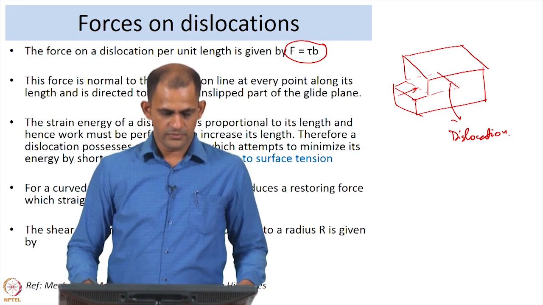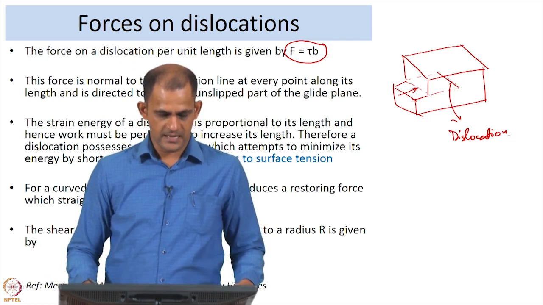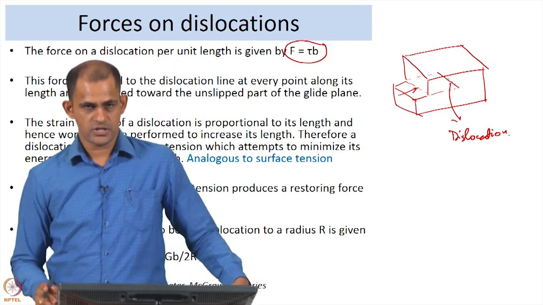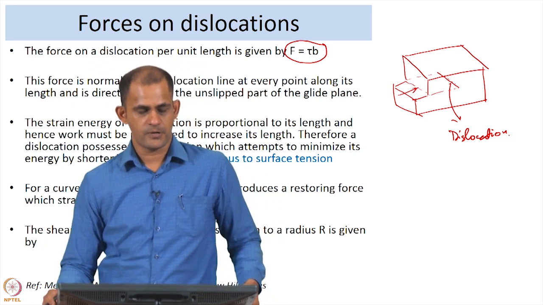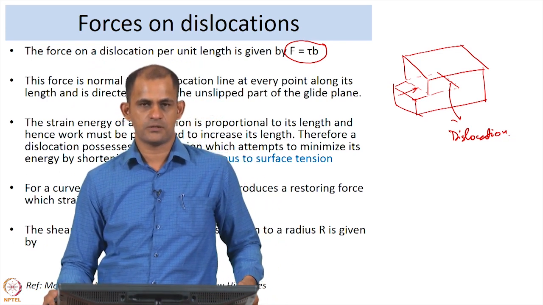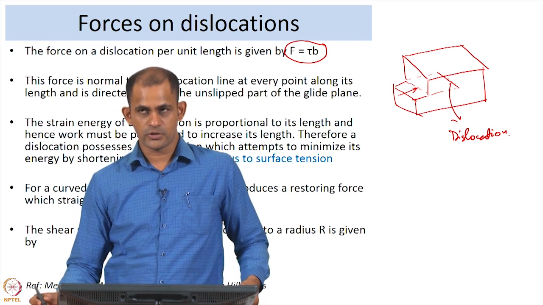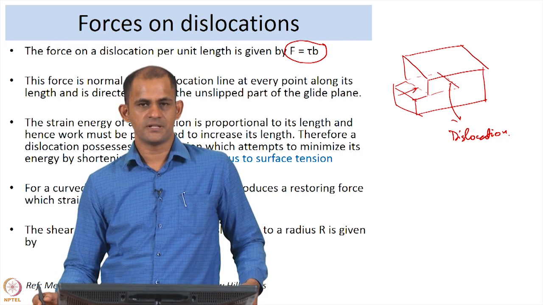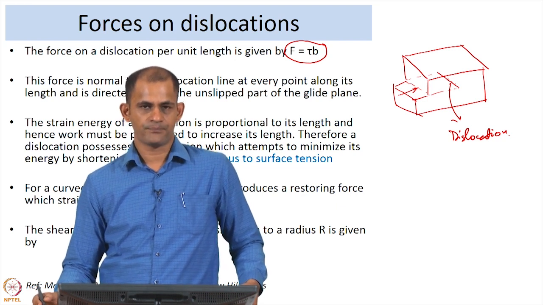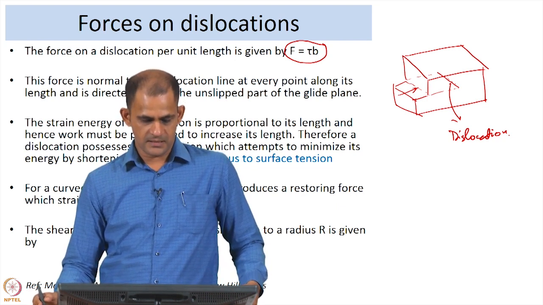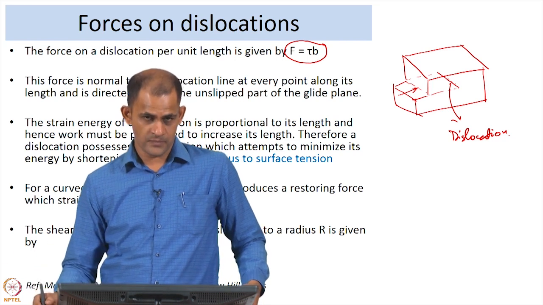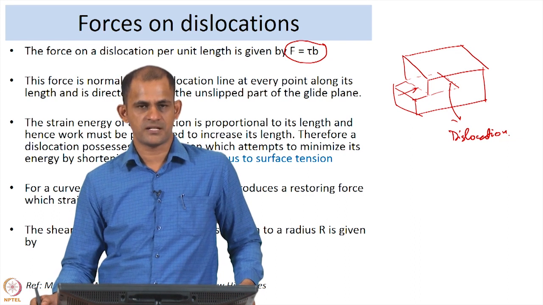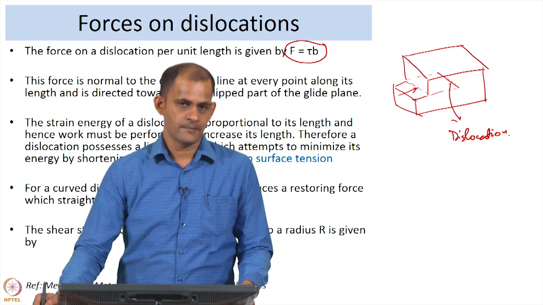Now, the strain energy of a dislocation is proportional to its length, and hence work must be performed to increase its length. So, we talked about strain energy of a dislocation, and an important point is that the strain energy of the dislocation is proportional to its length, and hence work must be performed to increase the length of the dislocation, which means a dislocation possesses a line tension which attempts to minimize its energy by shortening its length.